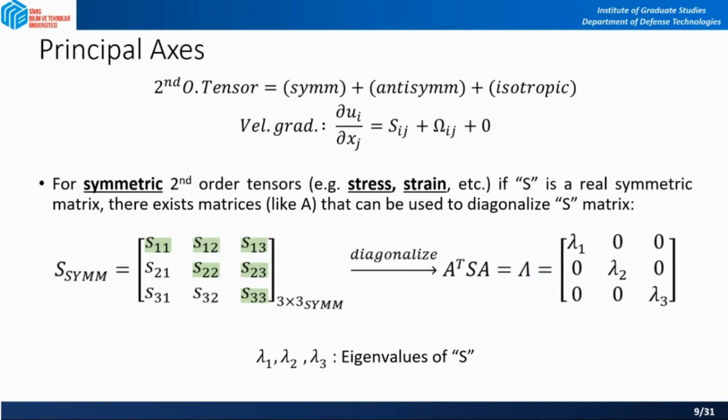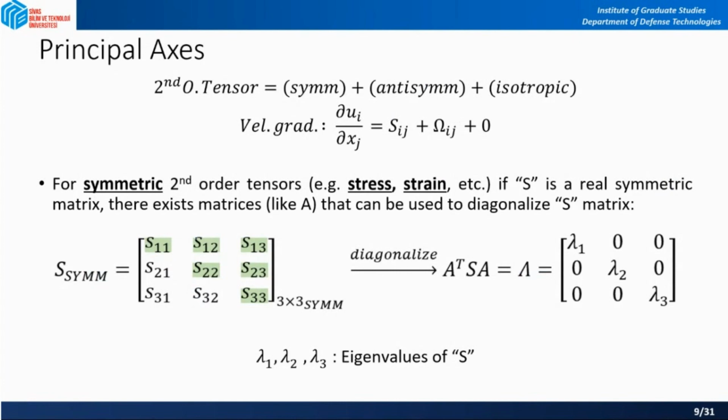One is related to viscosity, viscous stress, and also we have turbulent stress. We have to understand how we should deal with second order tensors. So we will continue with some tensor mathematics and then the actual flow equations.